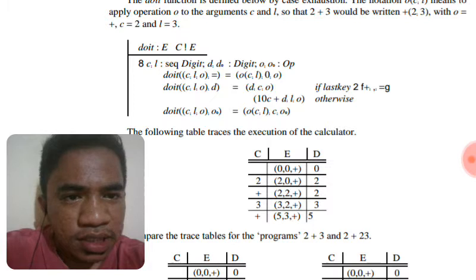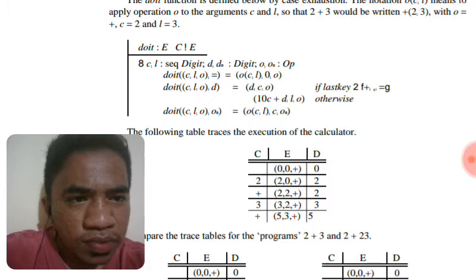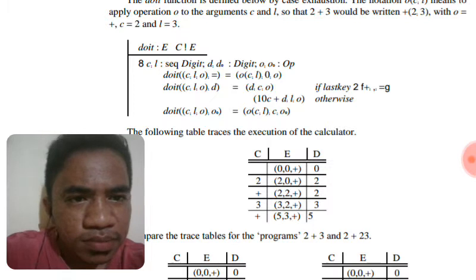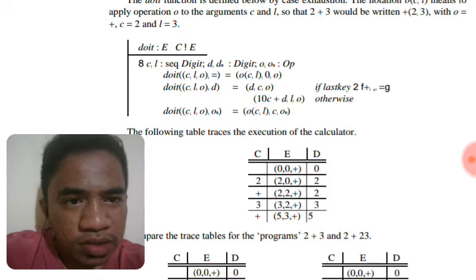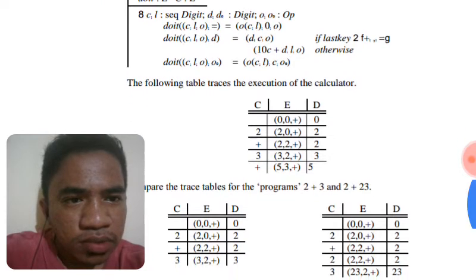Do it CLOD equals DCO if last key 2 F plus equals G. Then C plus D LO. Otherwise, do it CLO equals OCLCO. The following table traces the execution of the calculator.